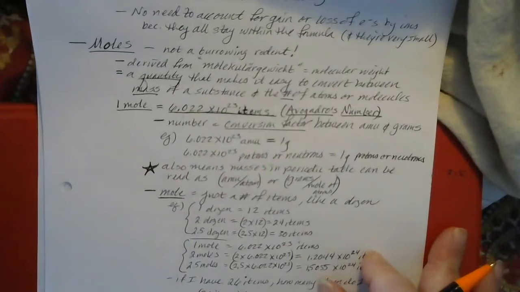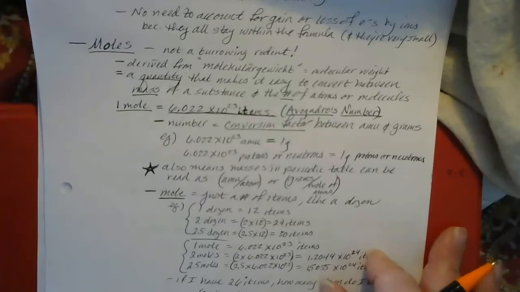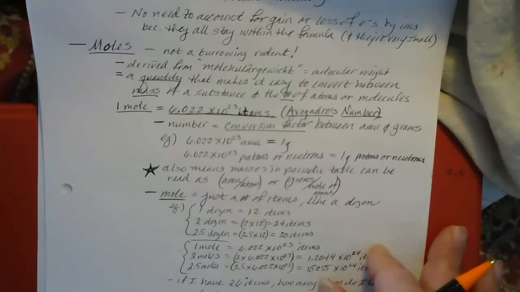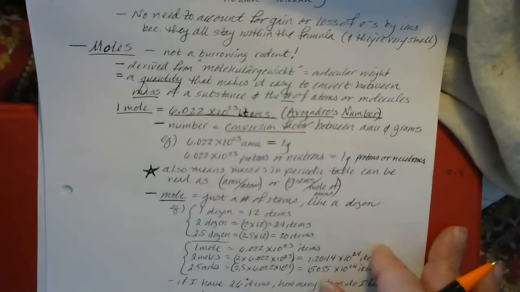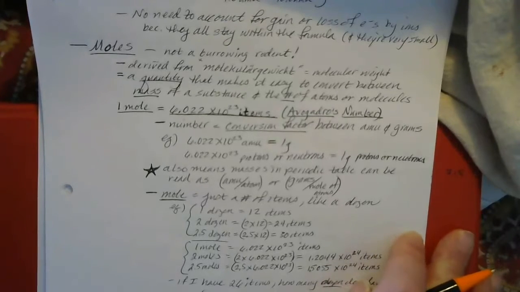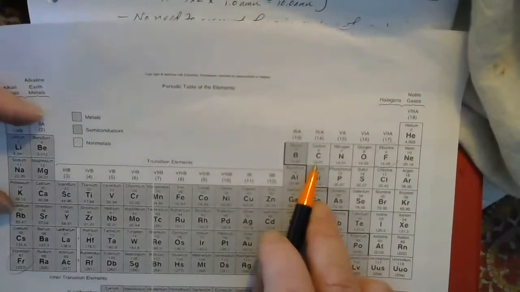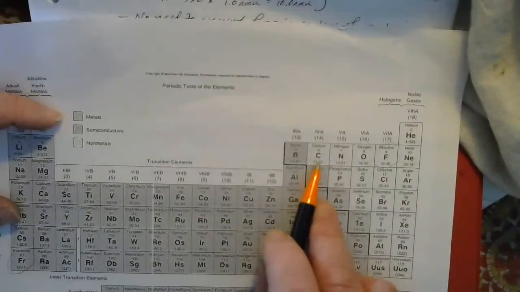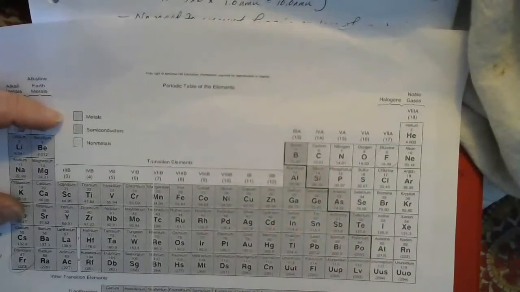This makes things very convenient because now the masses in the periodic table, which we have been thinking of until now as atomic mass units per atom, like carbon, when we see the atomic mass of carbon is 12, we think of that as 12 atomic mass units per atom of carbon.